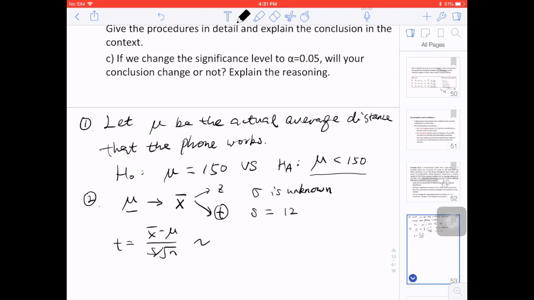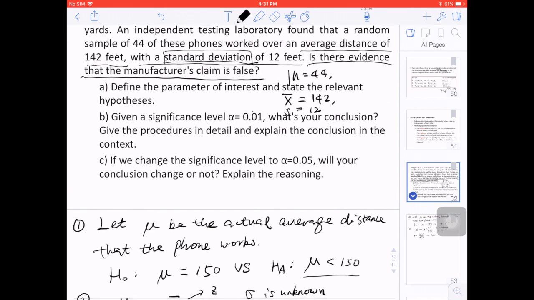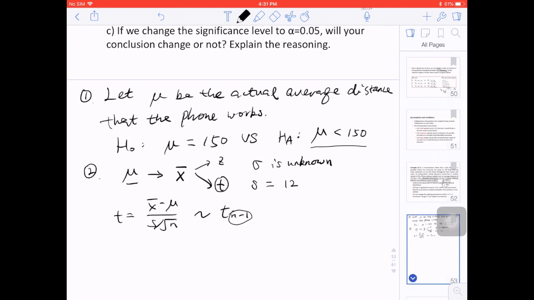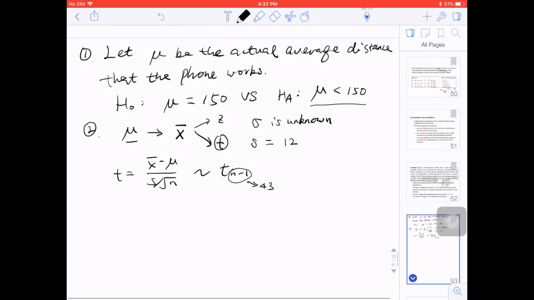Okay, so this follows a t distribution with degrees of freedom n minus 1. That is because our n is equal to 44, so this is 43. And using t, we have the corresponding rejection region.